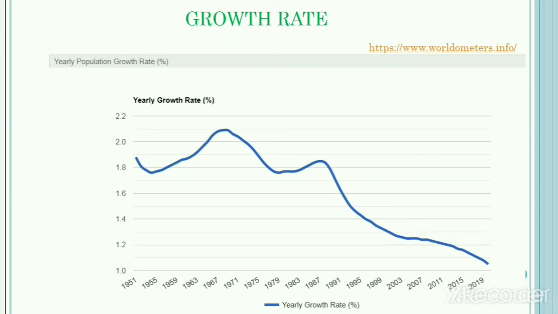The current average population increase is estimated to be around 81 million people per year. The annual growth rate of the population was at its peak in the late 1960s, when it was more than around 2%. This time we term the period of population explosion.